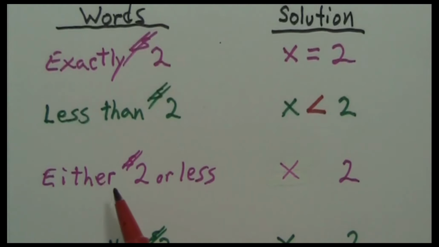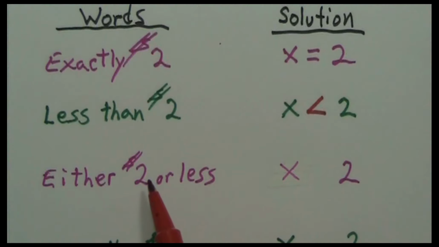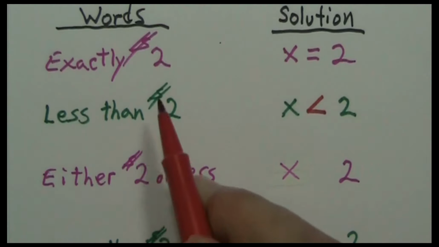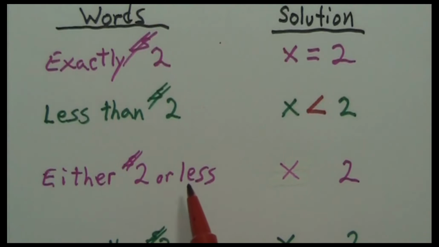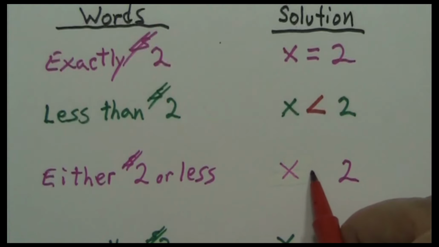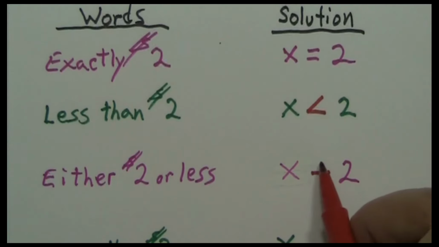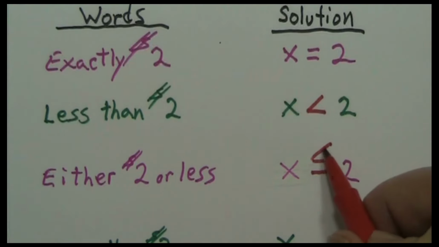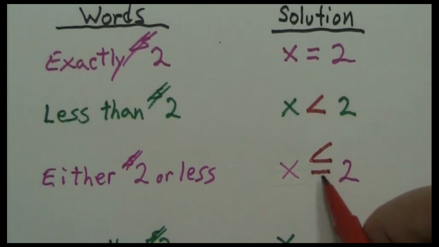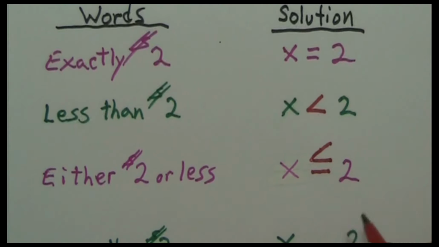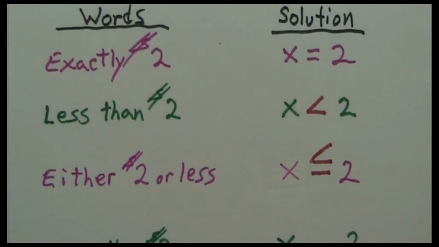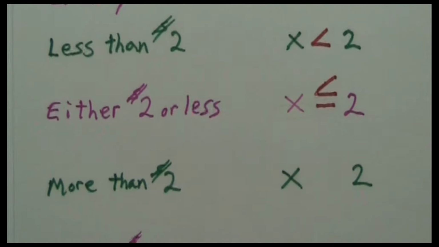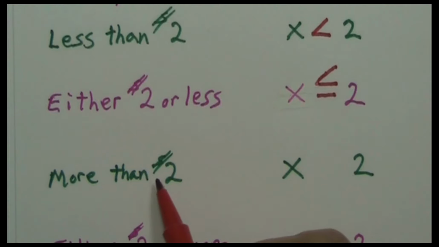The next one is either exactly $2 or less. So it's equal to 2, right? Or less than. That's where you get this symbol. Less than or equal. We usually say less than or equal to 2. All right, this one here, more than 2.